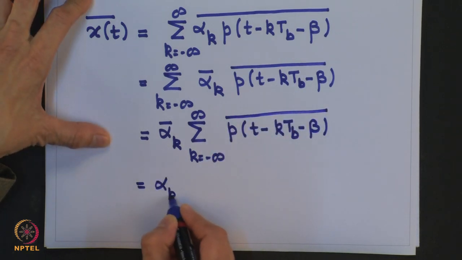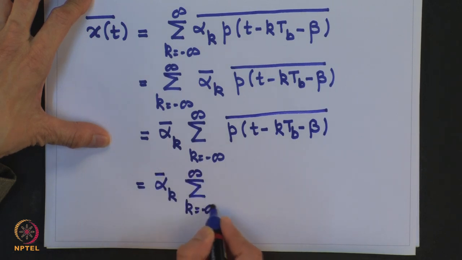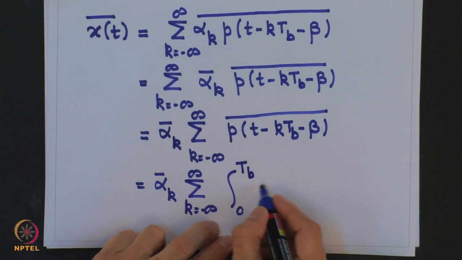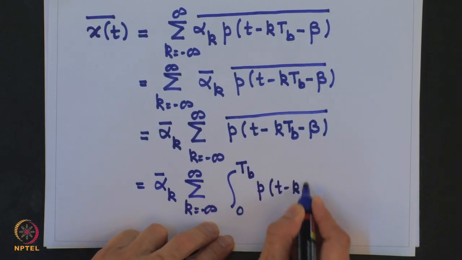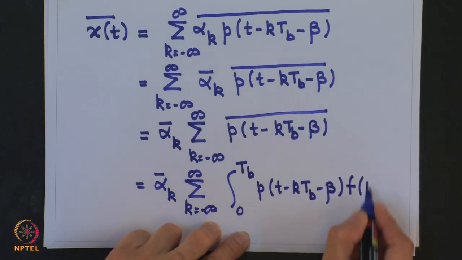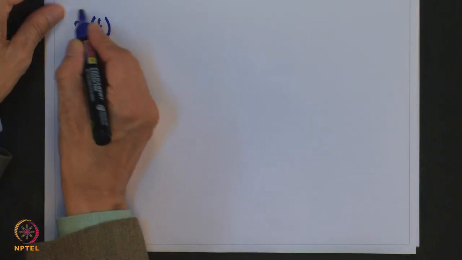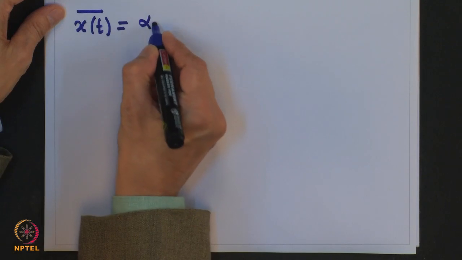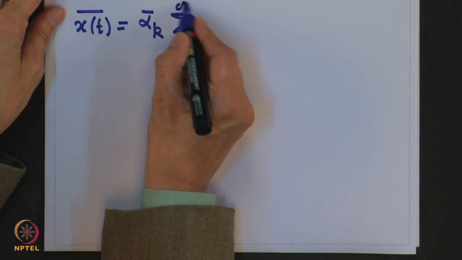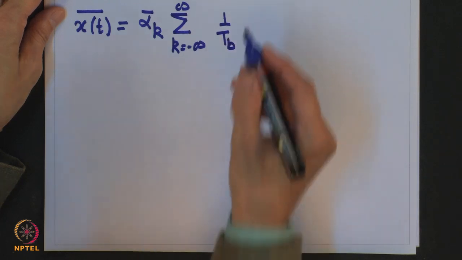This can be rewritten using the PDF of beta. We know the PDF of beta to be constant, 1 by TB.